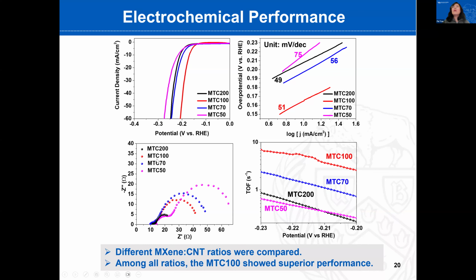However, because the CNT has relatively low activity toward HER, adding more CNT will significantly reduce the content of the MoS2. Therefore, the HER performance in terms of the overpotential as well as the turnover frequency for MTC 200 is not as ideal as MTC 100.